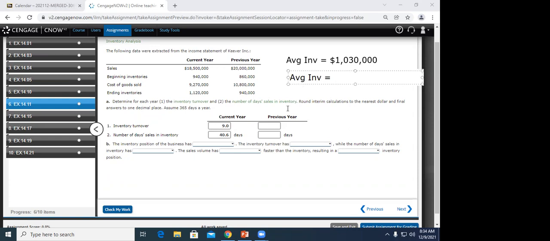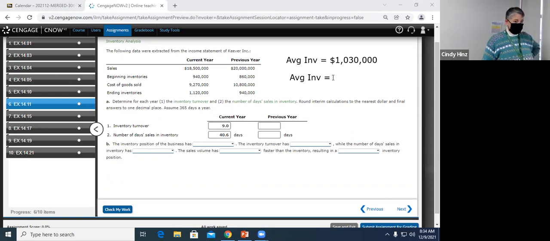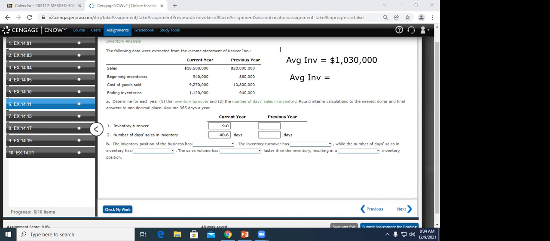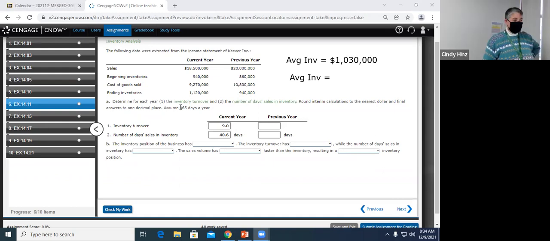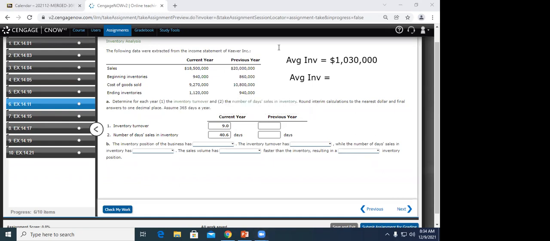I have a question. So for the current year, you got 9. That was the inventory turnover for the current year, but do we use the same number for the previous year? The same 365 days, is that what you mean?